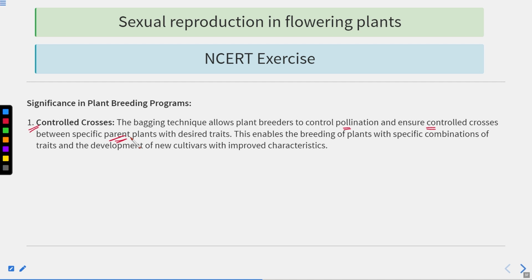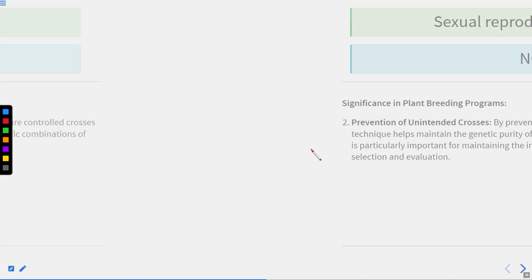If the flower is unisexual, there is no need for emasculation because there is very little chance of self-pollination. These specific parent plants carry the desired characteristics we want in the progeny. This enables breeding plants with specific combinations of traits and the development of new cultivars with improved characteristics.